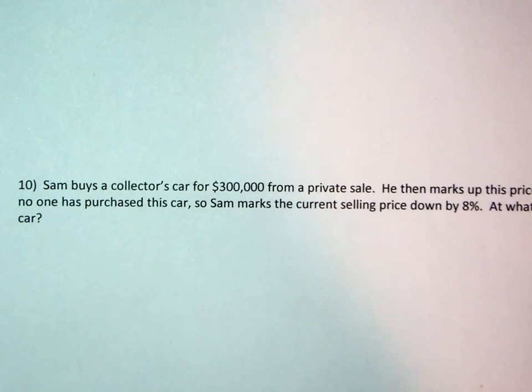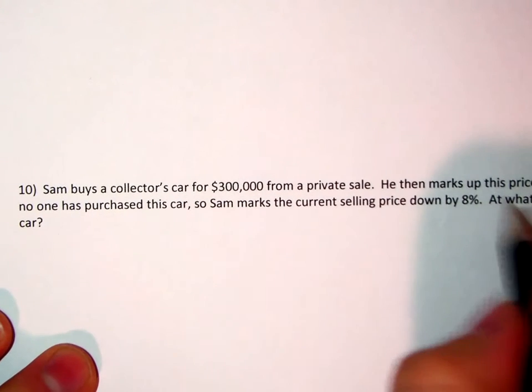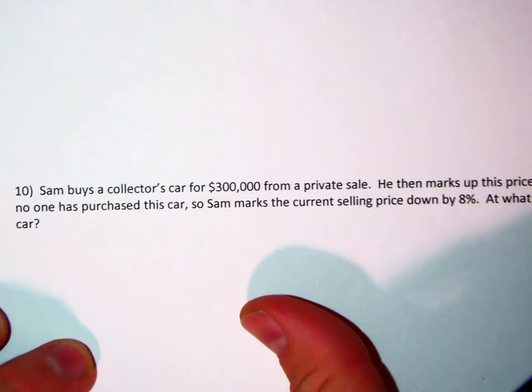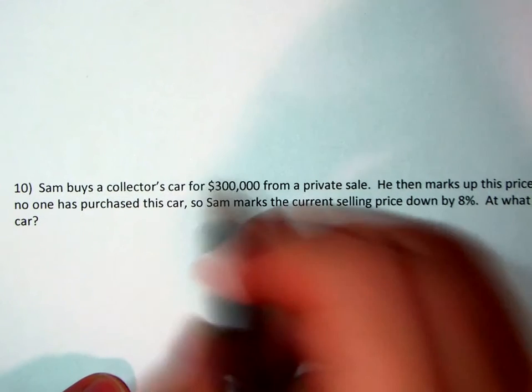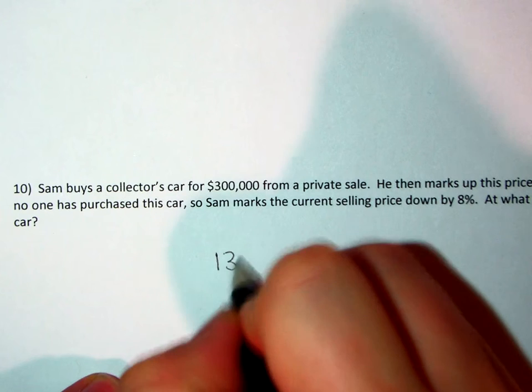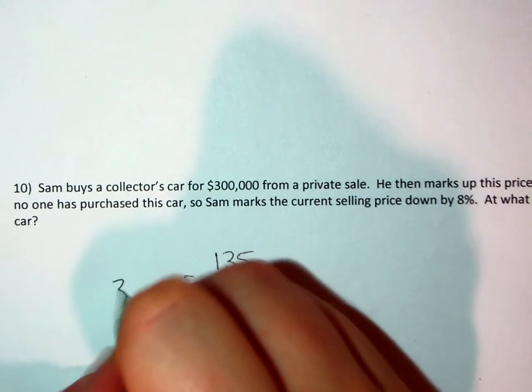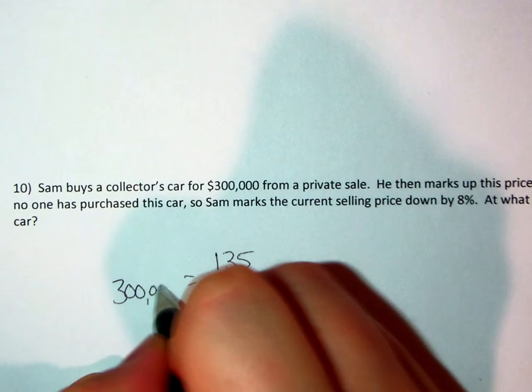Now one for marking down. Sam buys a collector's car for $300,000. He then marks up the price by 35%. So I want to figure out what is 135% of 300,000.